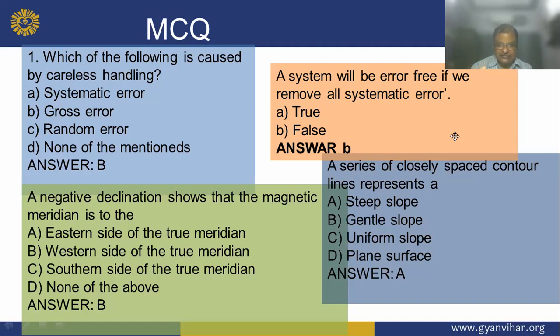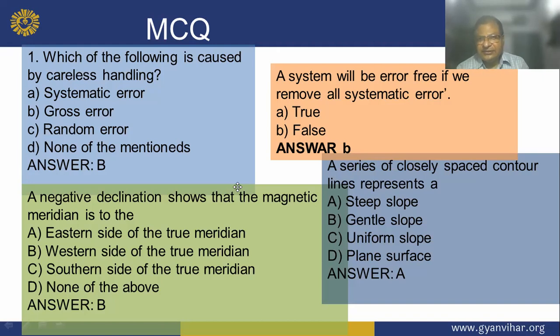The correct answer is B, western side of the true meridian. Now, a system will be error free if we remove all systematic errors. Is it true or false?